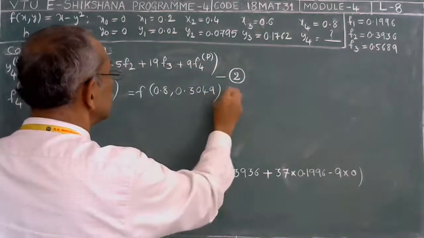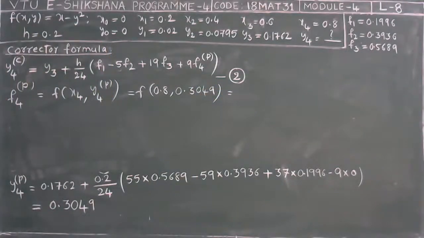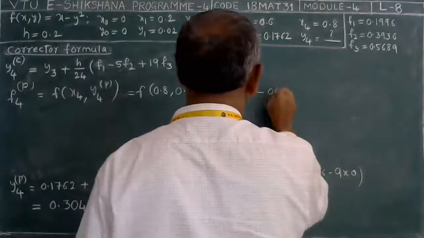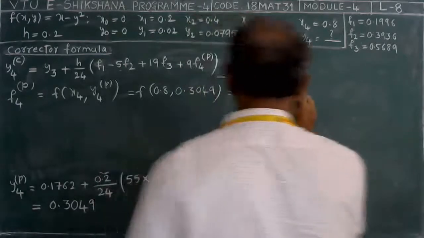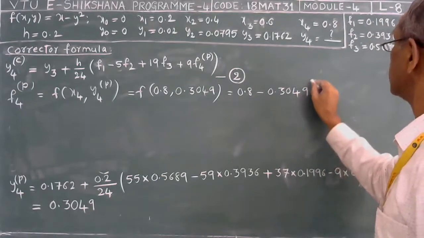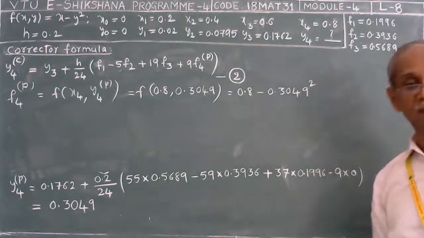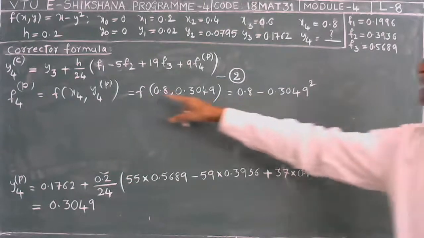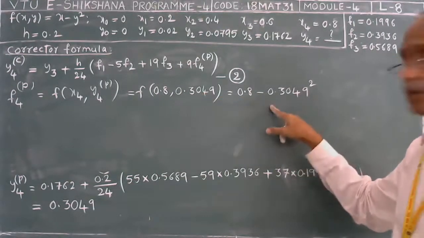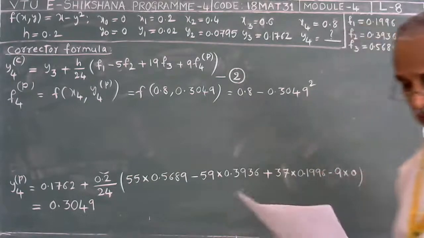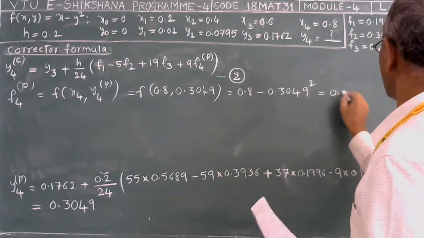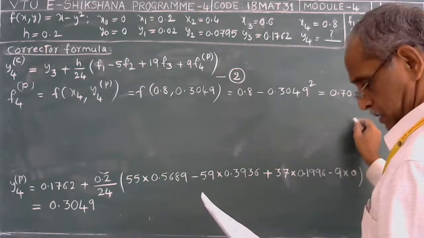Okay. So by definition, f of x comma y is x minus y square. f of 0.8 comma 0.3049 is 0.8 minus 0.3049 square. So if you compute this, you get 0.707.